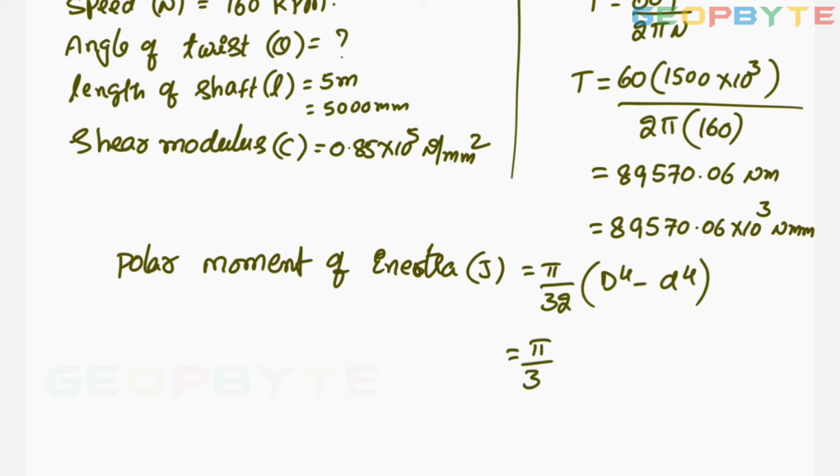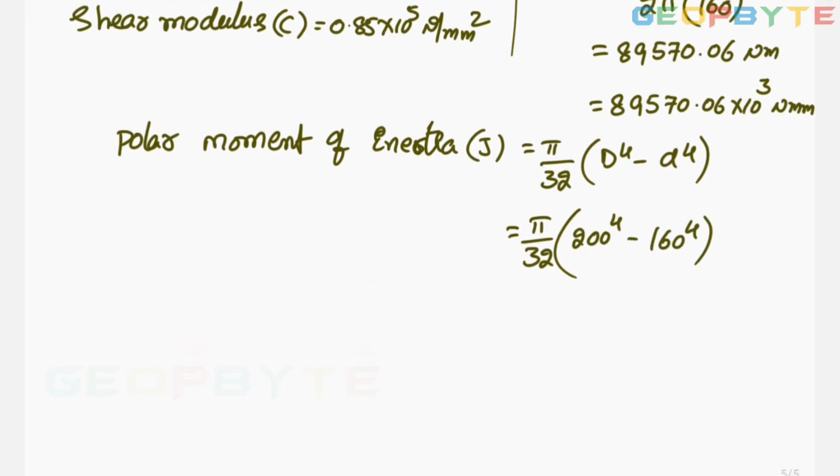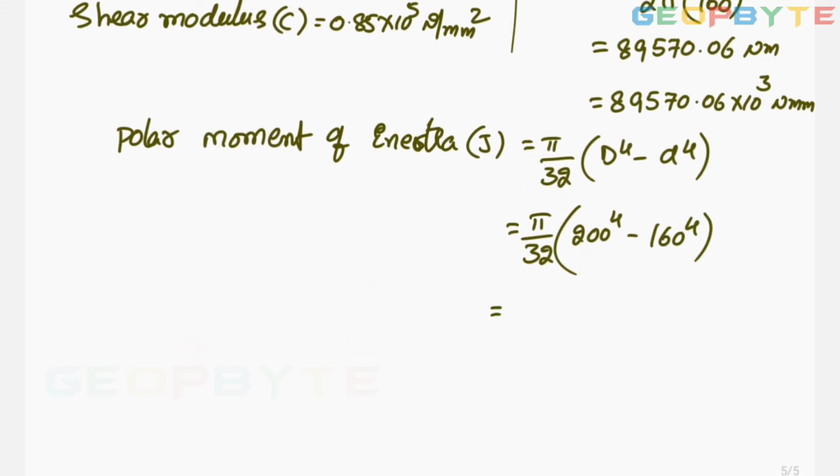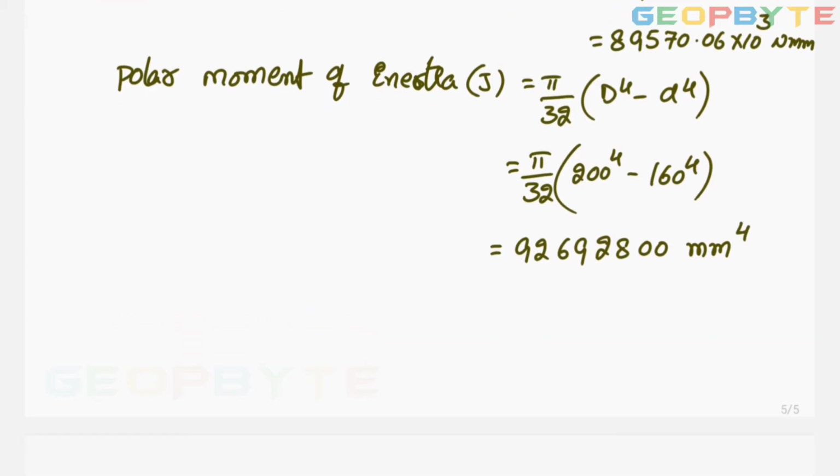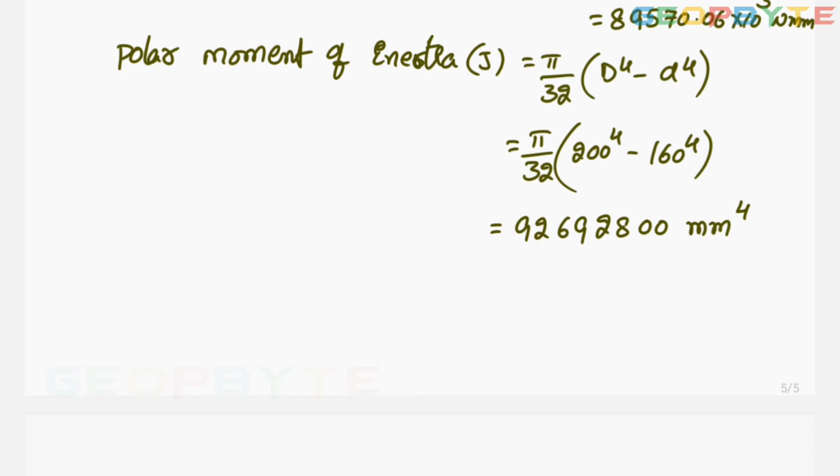Pi by 32 into capital D is given, 200 power 4 minus 160 power 4. Simplify the value for getting 92692800 I got. Polar moment of inertia is a function of d power 4, therefore it is mm power 4.